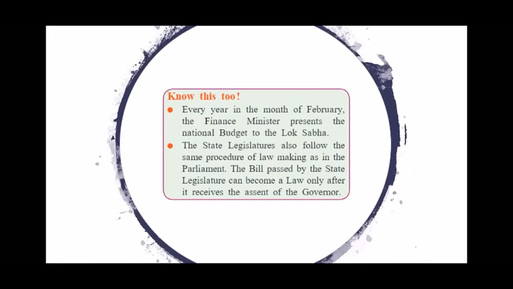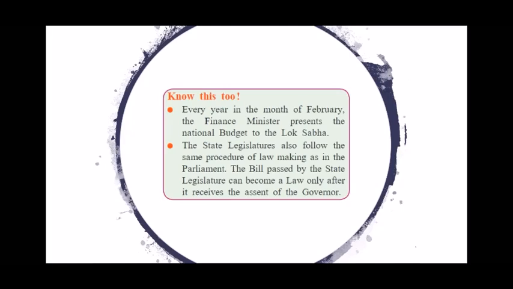Then it was introduced in the House, which was the first reading. Then there was second reading, third reading, and then it went to the next House. The same thing happens in the state legislatures also. The bill passed by the state legislature can become a law only after it receives the assent of the governor.